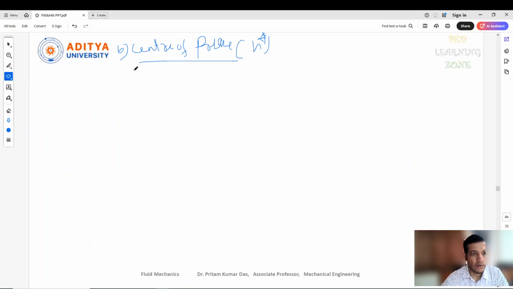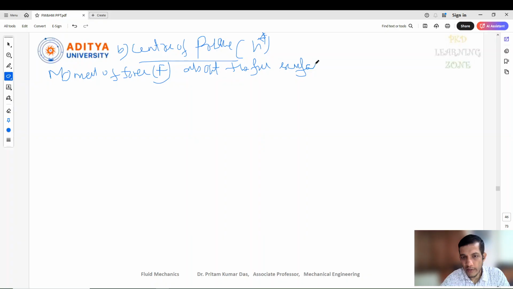Now for this we need to consider the moment of force. Okay, so what about the moment of force? What about the moment of force F about the free surface? You can write about the free surface. Now we need to consider the moment.